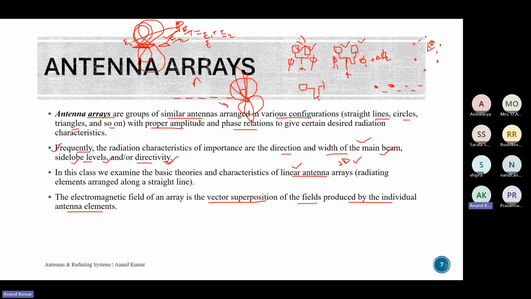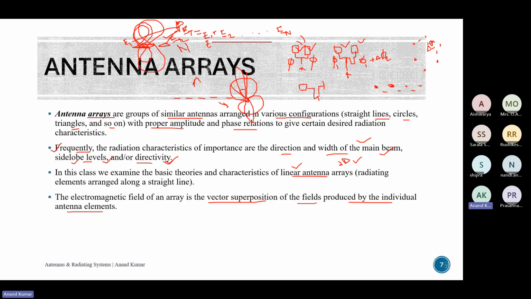If we generalize this, if we have n number of antenna elements, then for each we can find the electric field, take the vector sum of all the electric fields due to each element at this particular point, and we get the total electric field.